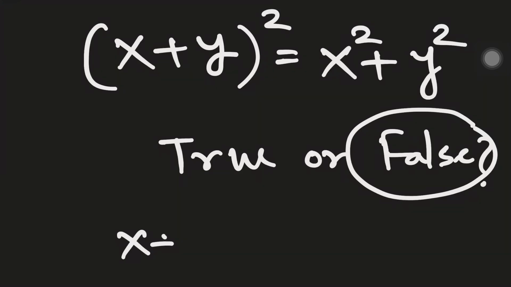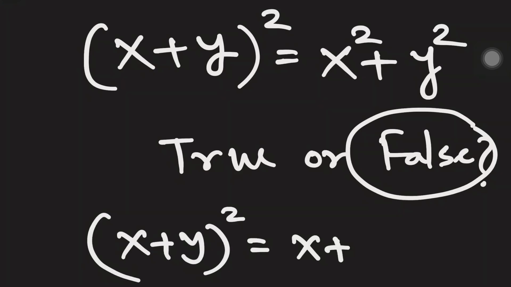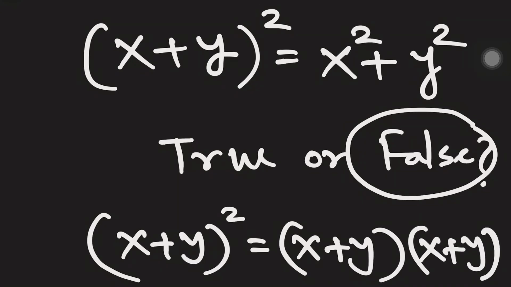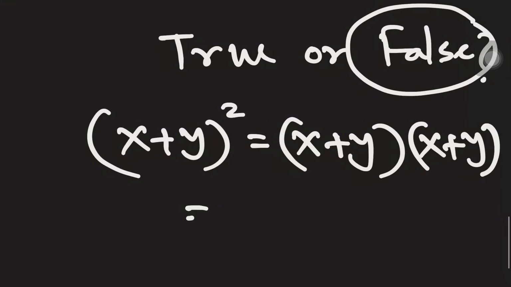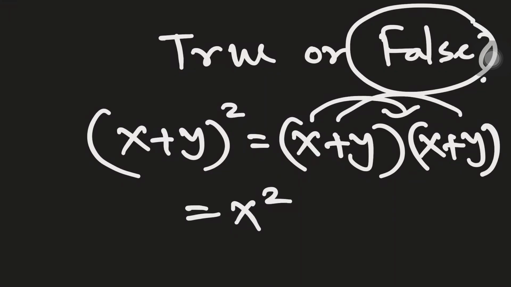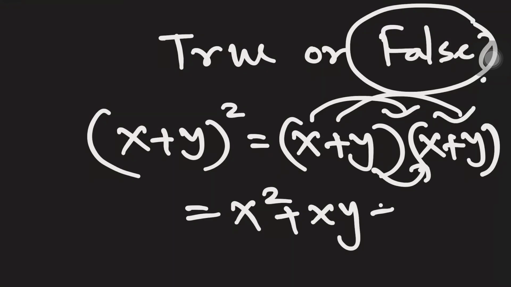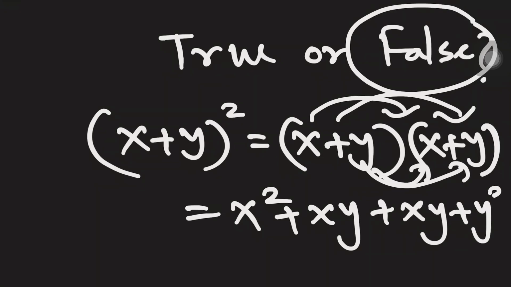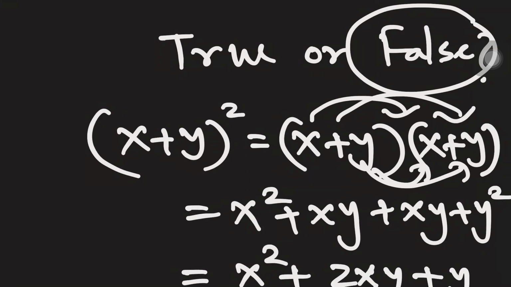You can apply the distributive property to check. x times x is x squared, x times y is xy, y times x is xy, and y times y is y squared. So that should give us x squared plus 2xy plus y squared.